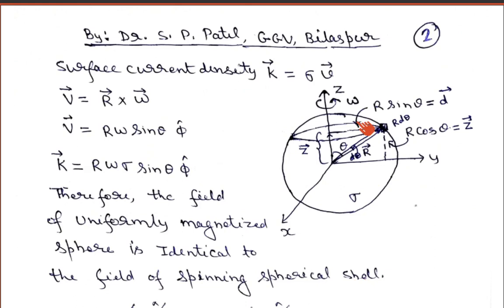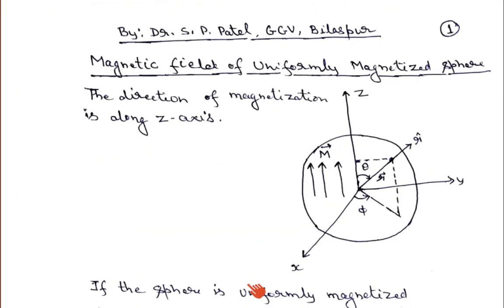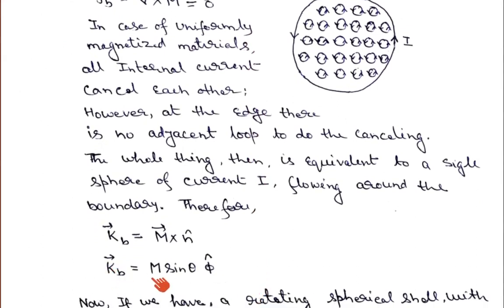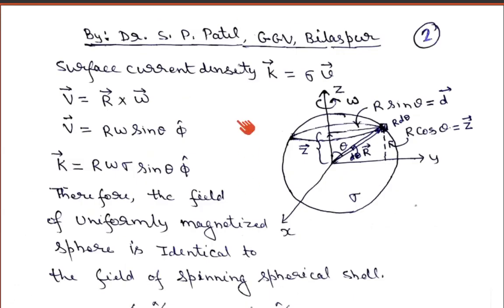So if the magnetic field is identical, the surface current, when this spherical shell is rotating with surface charge density sigma, should be exactly equal to the bound current we calculated in the case of the magnetized sphere, that is Kb, equal to M sin theta phi unit vector, okay.